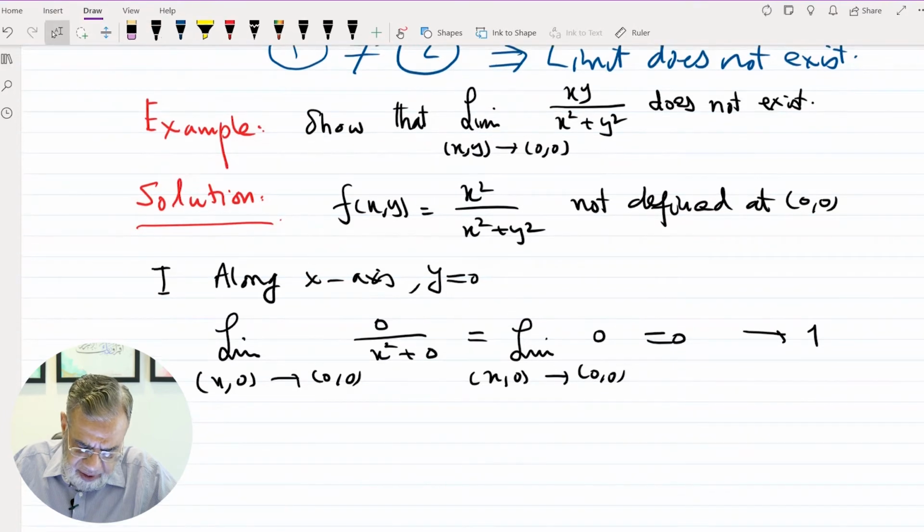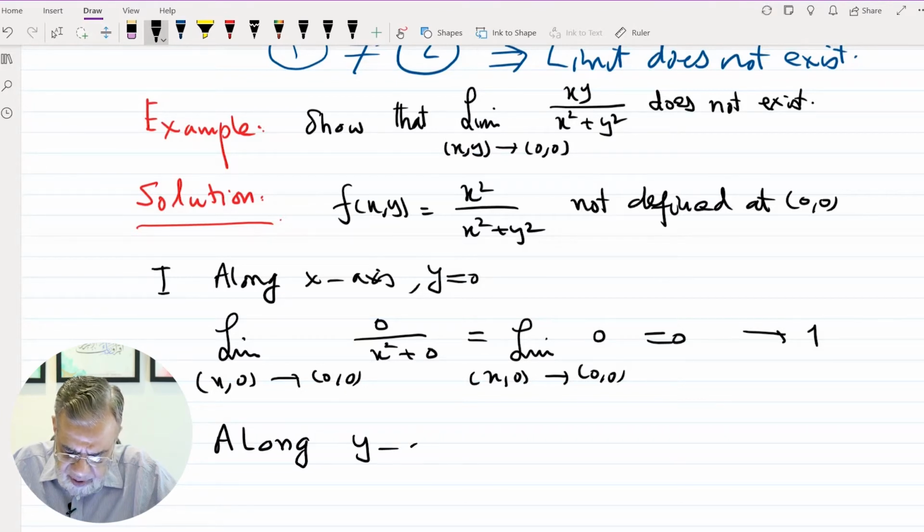The second result, I take along the y-axis. So here we have x equal to 0.